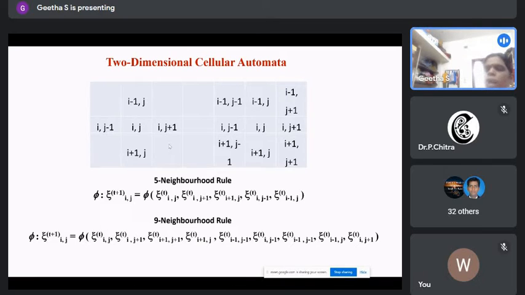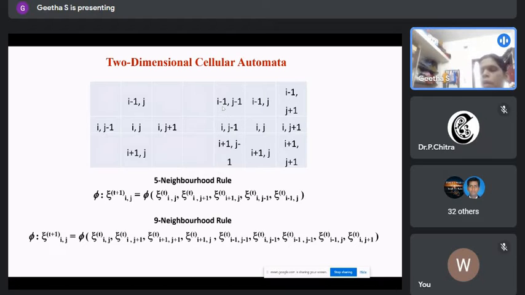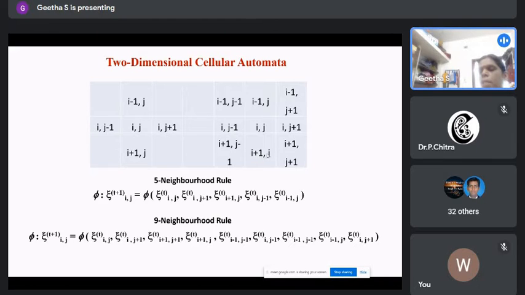Another one is the 9-neighborhood rule, giving ψ_{t+1}(i, j). If you want to change the (i, j) value at time t+1, we have to change (i, j−1), (i, j+1), (i−1, j−1), (i−1, j), (i−1, j+1), (i+1, j−1), (i+1, j), and (i+1, j+1).